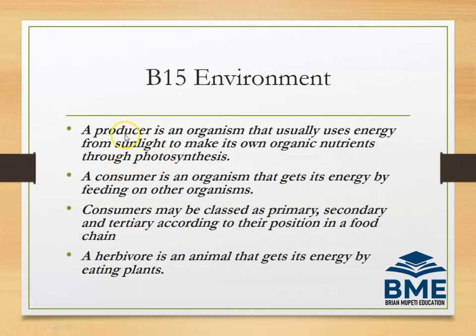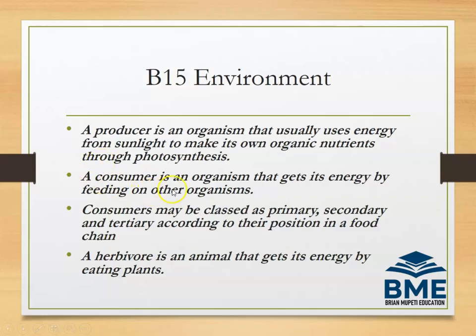Unlike a producer, consumers cannot make their own food. They depend on producers for nutrition. Not all consumers will depend on producers, but a primary consumer will depend on a producer. The secondary, tertiary and quaternary consumers do not depend on producers.